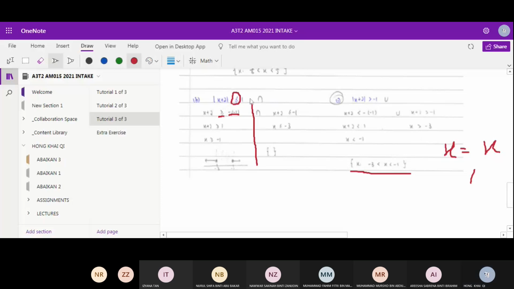If it is less than or equal to, or less than only, the answer will be intersection form. If the symbol is more than or equal to, or more than only, you need to find the union. For these questions, the symbol is less than or equal to, so you need to find the intersection area. So you draw the number line with these two answers.